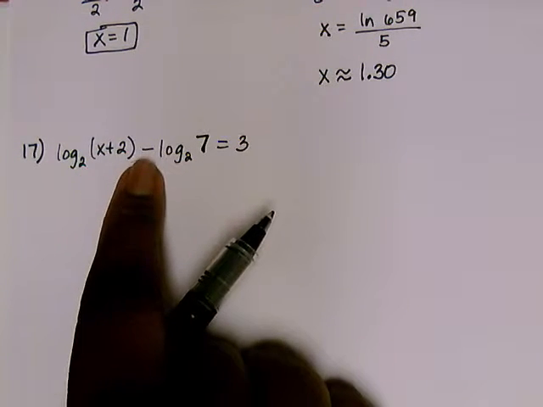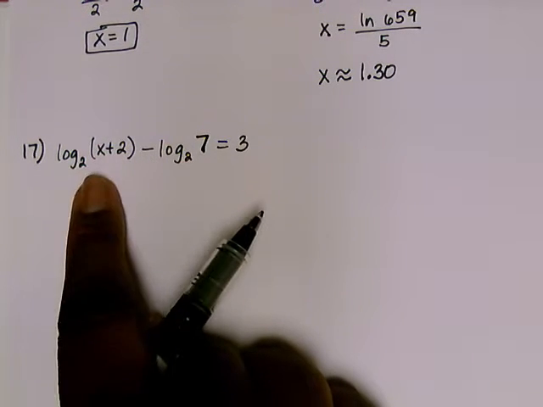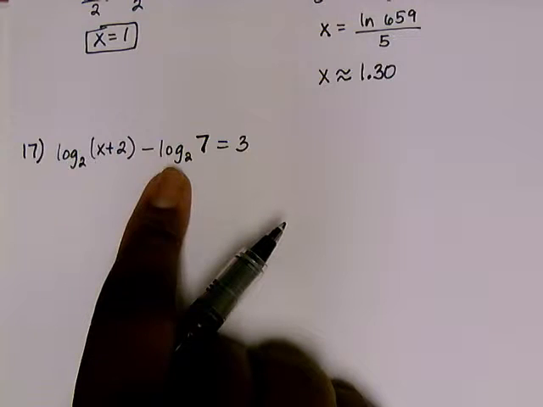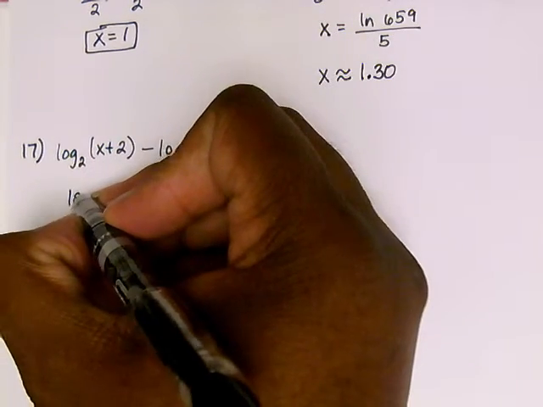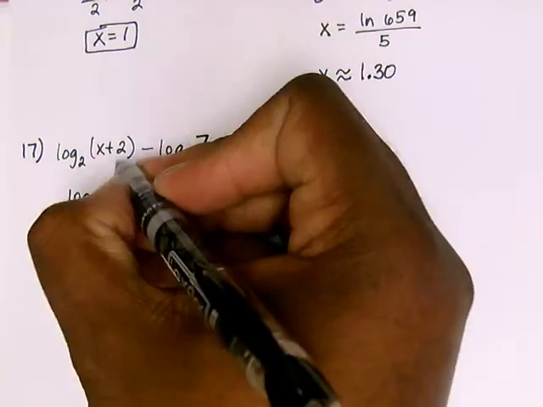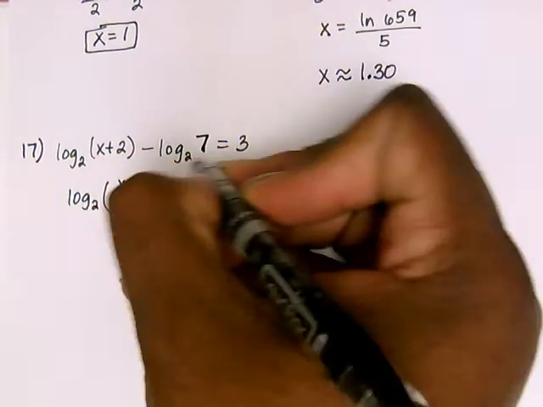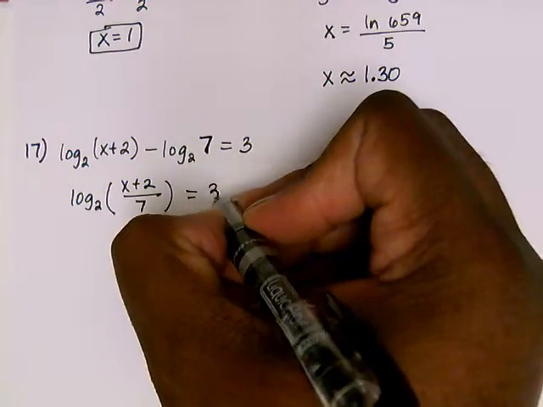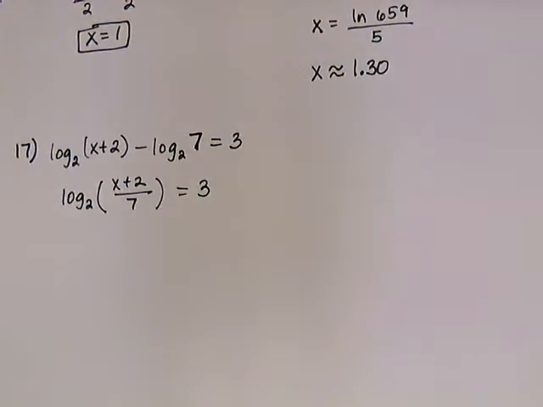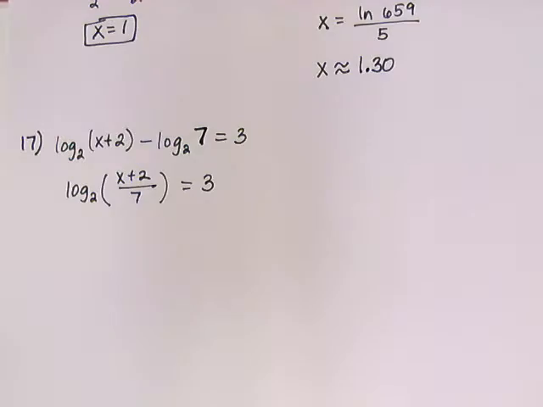Here we got a minus sign that tells me the difference of their individual logs. I need to condense that as the log of the quotient, applying the quotient rule. So I'm going to condense that left side as log to the base 2 of, the x plus 2 will be your numerator, the 7 will be your denominator. That's equal to 3. So I got log to the base 2 of the quantity x plus 2 divided by 7 is equal to 3.